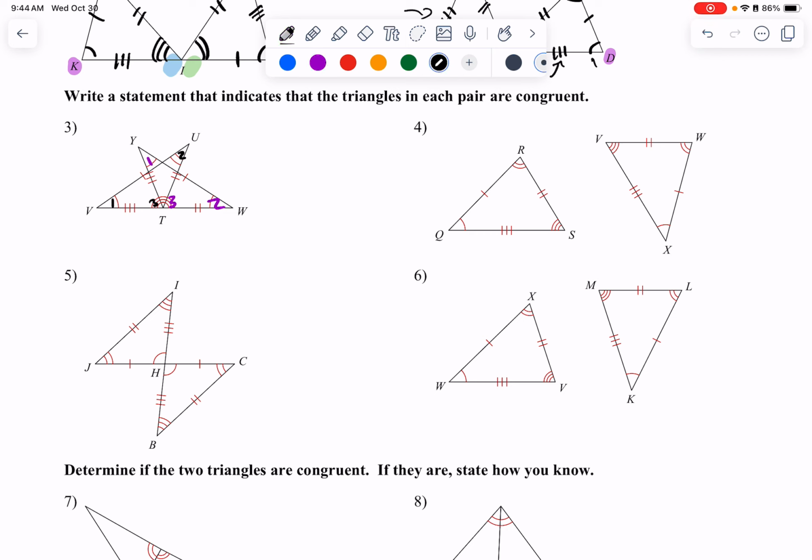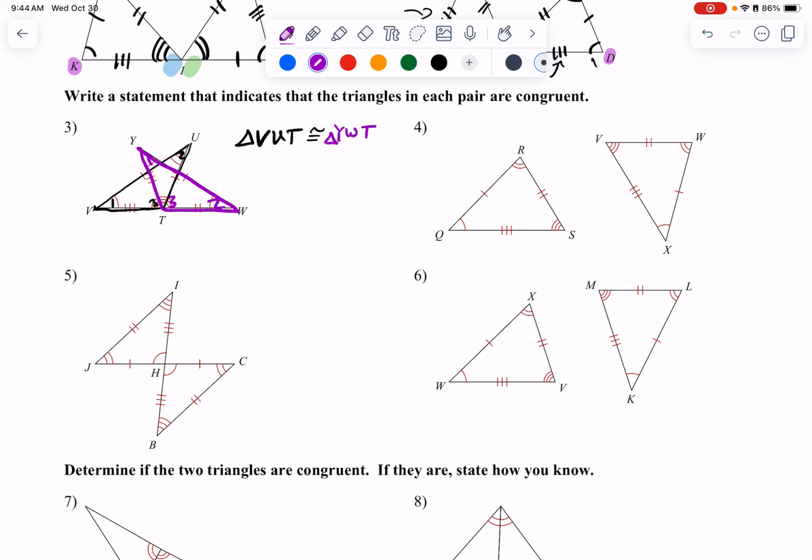But what I notice is I have one triangle here, and that's VUT. And that's going to be congruent to the other triangle here in purple. And that starts at Y, then goes to W, then T. Y, W, T. Triangle YWT.